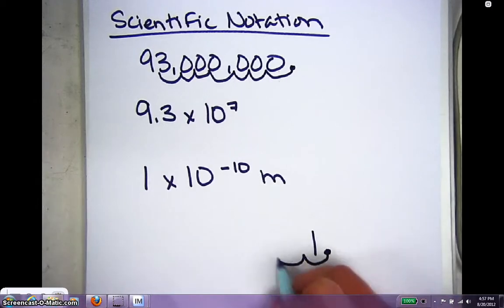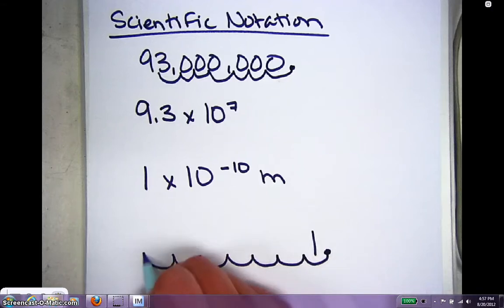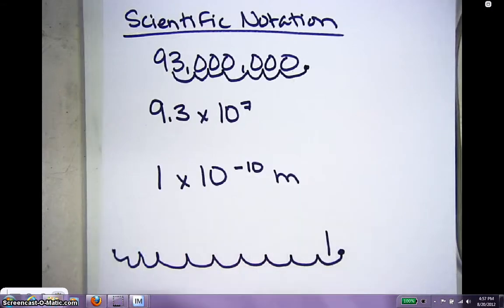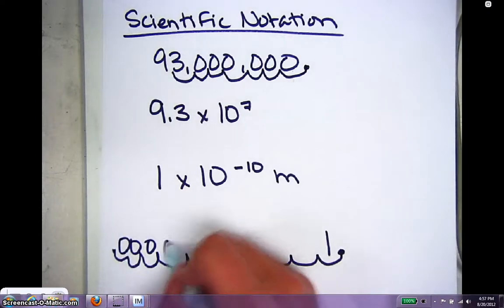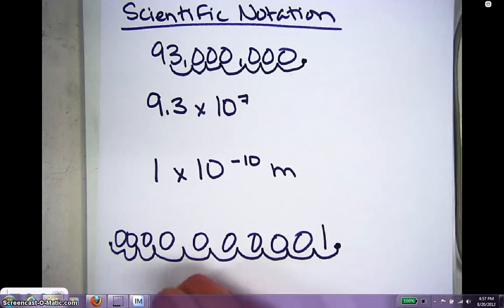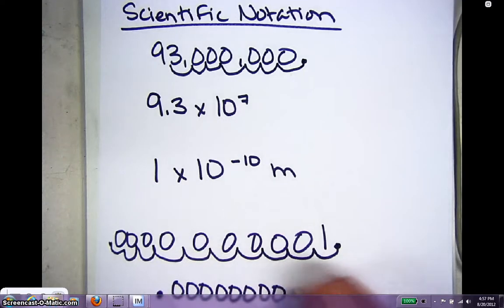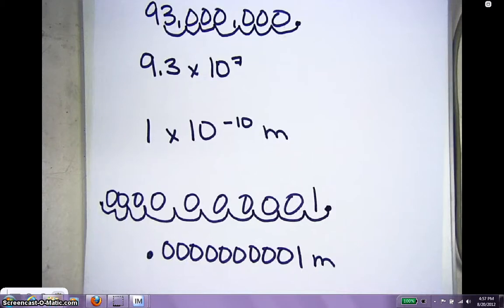So I go 1, 2, 3, 4, 5, 6, 7, 8, 9, 10. I'm running out of room there. Okay. So we're going to fill all of those in with zeros. So the number is actually 0.0000000001 meters. Okay, is the same as 1 times 10 to the negative 10th.